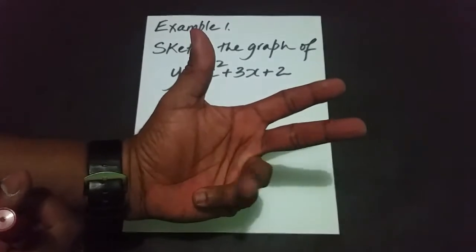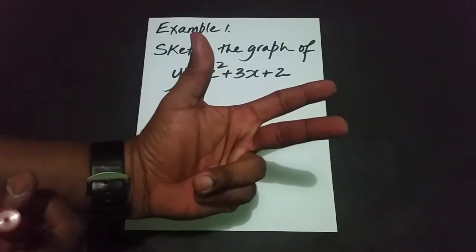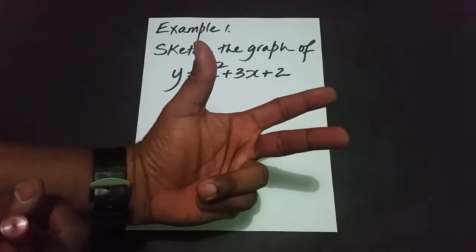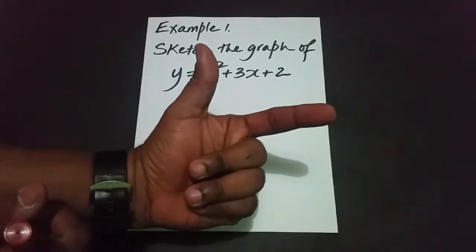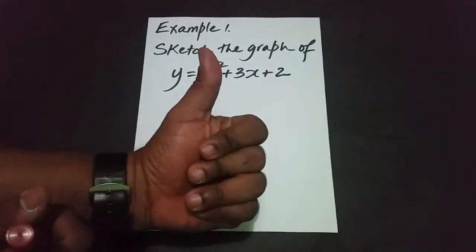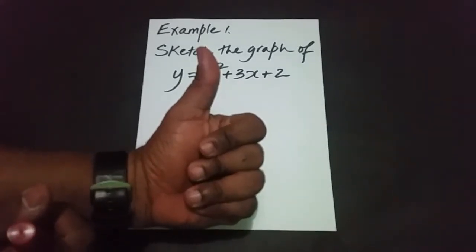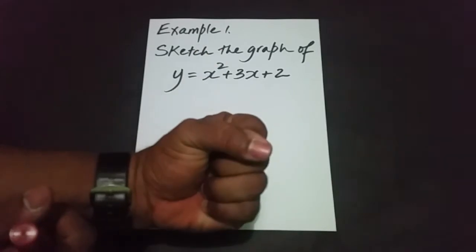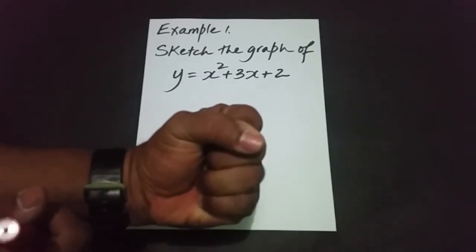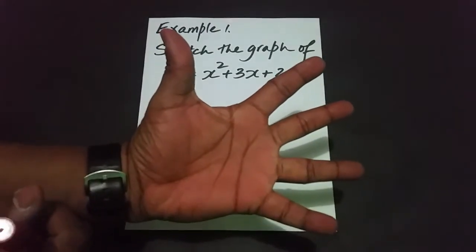We need to know the roots, which are essentially the values of x when we solve it. We need to know the maximum point, which is k, and we need to know the equation of the line of symmetry, and we also need to know where the curve cuts the y-axis. So 5 things we need to know.